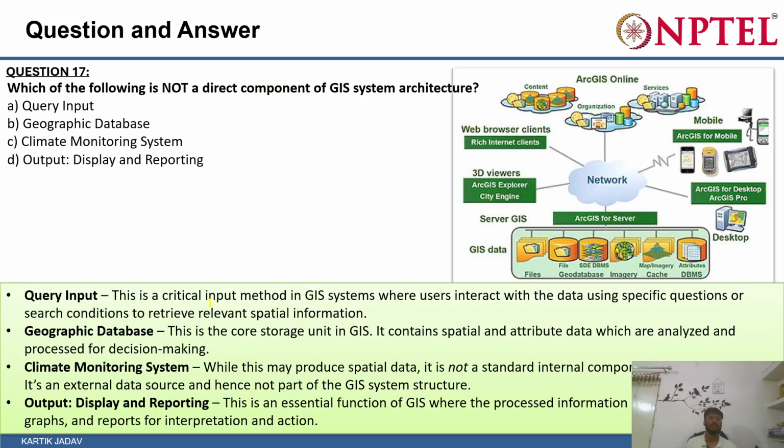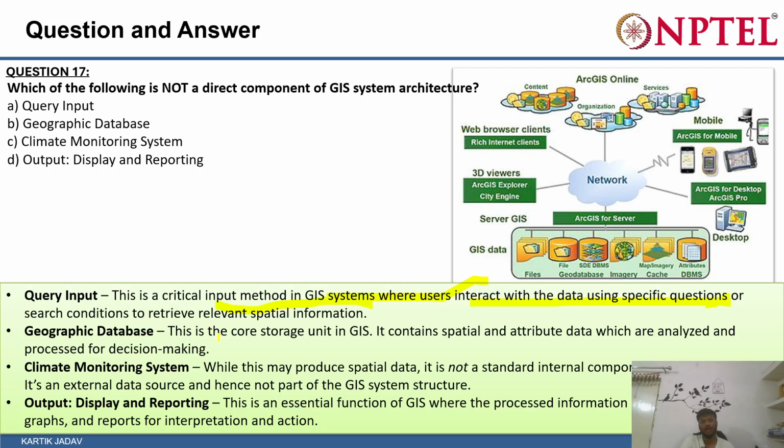Question number 17. Which of the following is not a direct component of GIS system architecture? Query input, geographic database, climate monitoring system, or output display and reporting. We know that query input is a critical input method in a GIS system where users interact with the data using specific questions or search conditions to retrieve relevant spatial information.